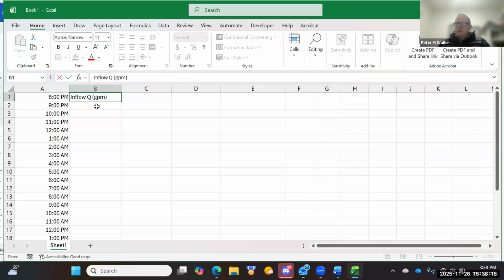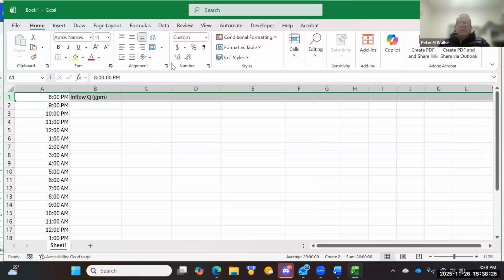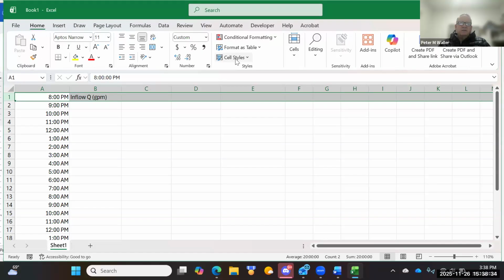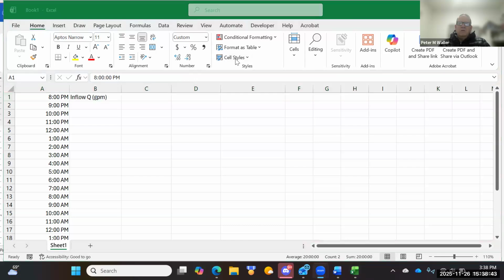And we're going to run our well pump only as long as we need to. We're not going to run it any longer than we need to because our well pump runs 24 hours a day, but our sprinkler pump runs 8 hours a day.